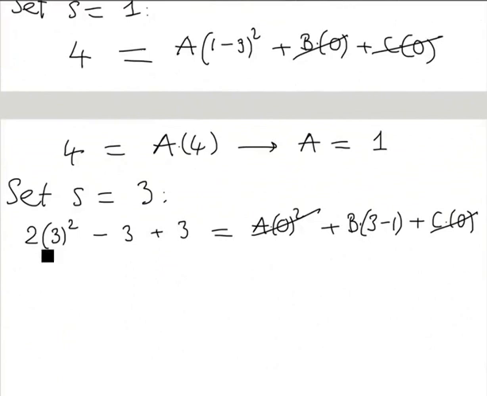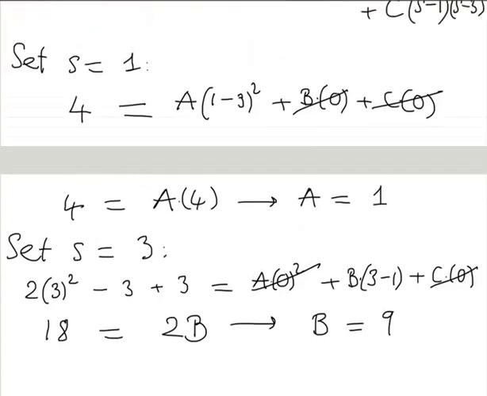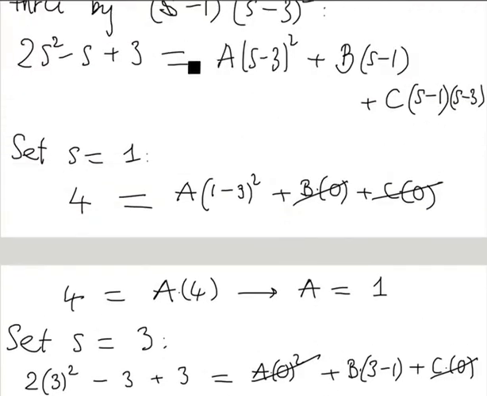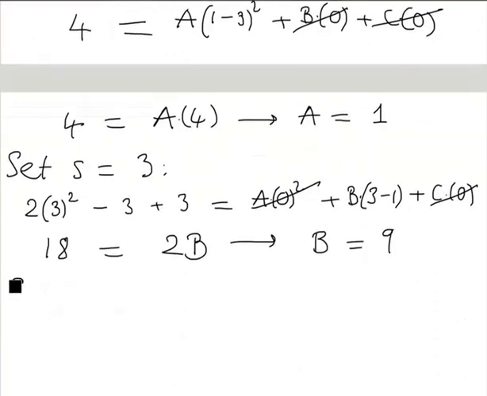And we get 18 equal to 2B, and so B is 9. Now we don't have any other special values of s to use, so we can set anything, say s equal to 0, some small values.